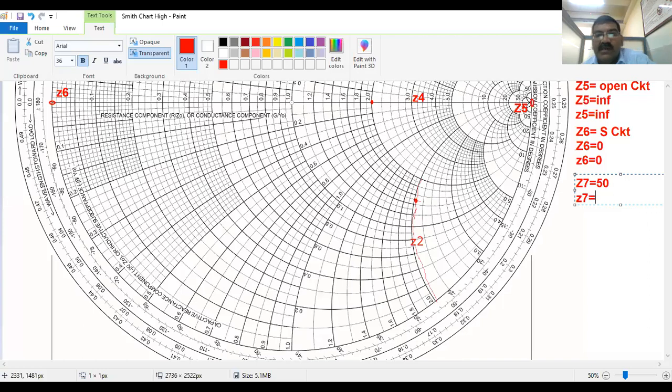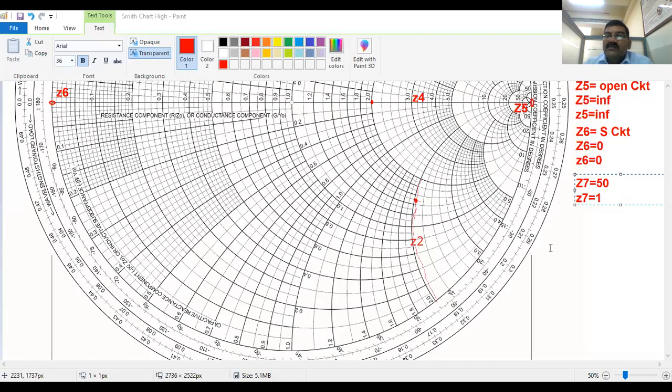Quickly, anyone? Small z7, 50 by 50. Yes, correct. It will be 1. It is not 0. So 50 by 50, it is 1.